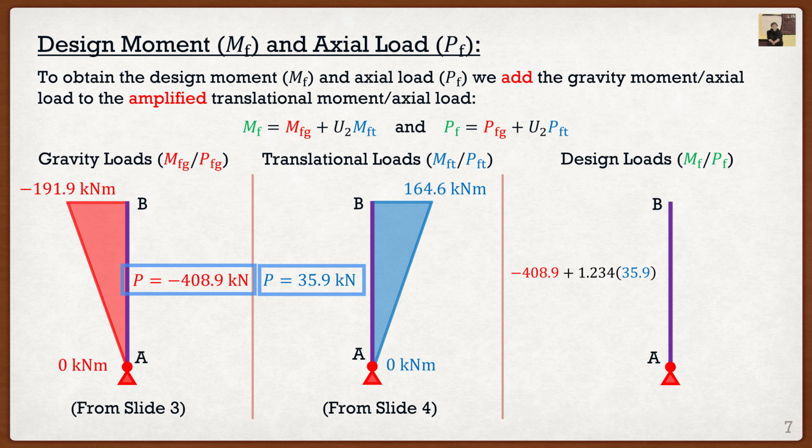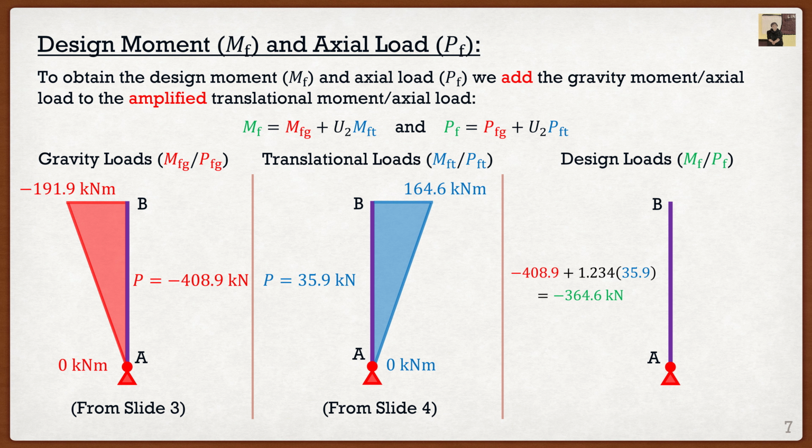From the translational analysis, it was 35.9, and I amplify it by 1.234, and I get my total design axial load to be negative 364.6 kilonewtons. Which is great because, if we look at the gravity load, the axial load in this column was almost negative 411 kilonewtons. But my design axial load is almost 50 kilonewtons less than that. So in this case, the second order effects actually helped us out.